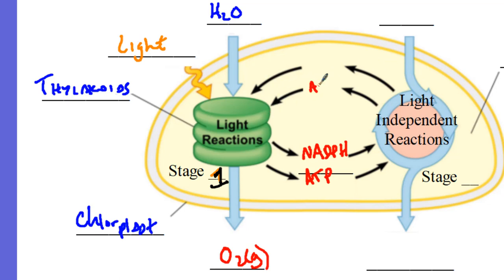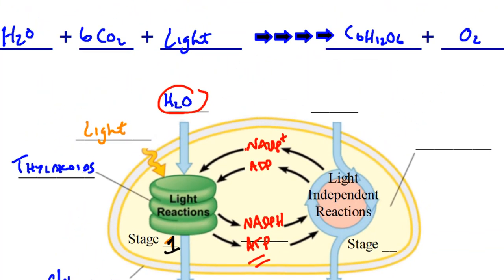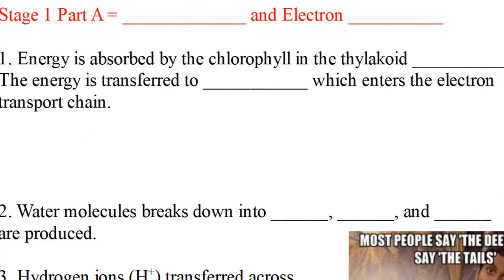Another reactant is ADP and NADP plus. My fault on that, NADP plus. But what is going to be our main reactant is water coming in. What's going to be our main product is oxygen gas coming out, as well as some high energy molecules of ATP.